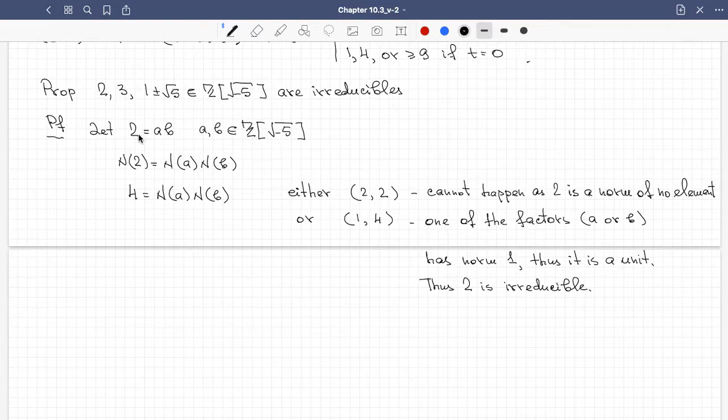Same story with 3, with only small changes. Instead of 4 here, I will have 9.